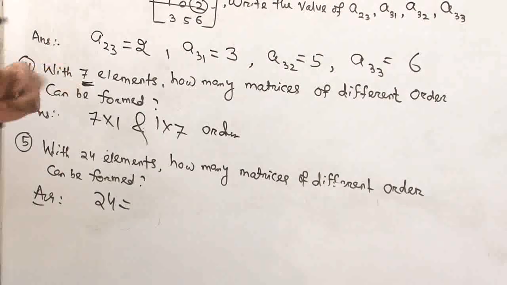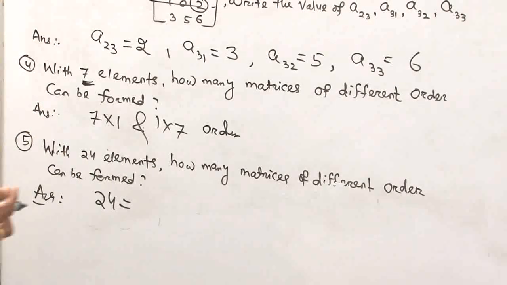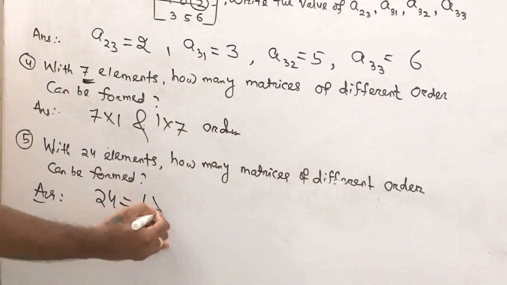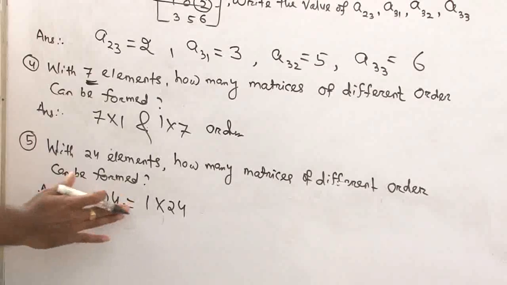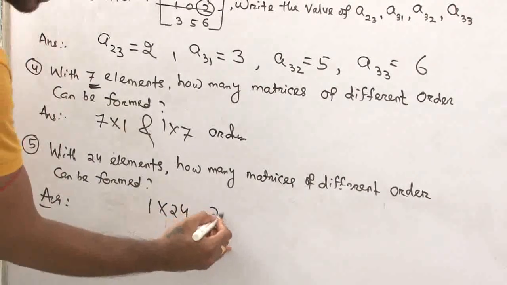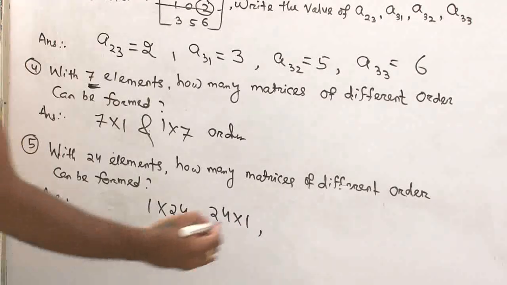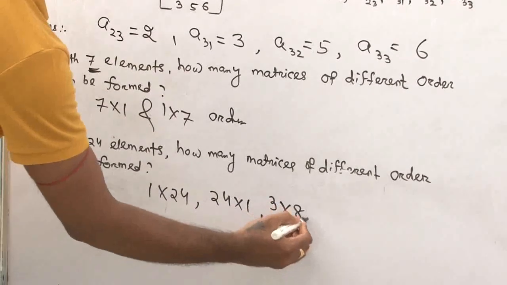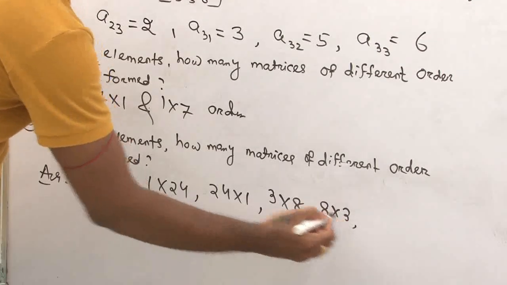So 24 is factorized in different forms. That is, we can factorize it as 1 into 24, or 24 into 1, or 3 into 8, or 8 into 3.